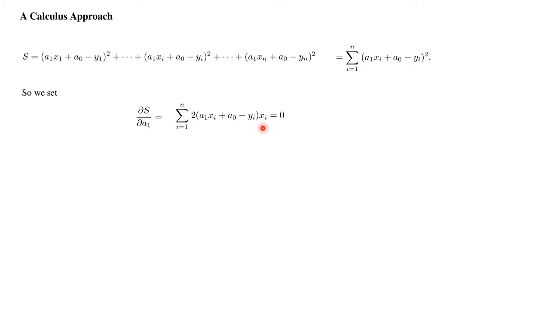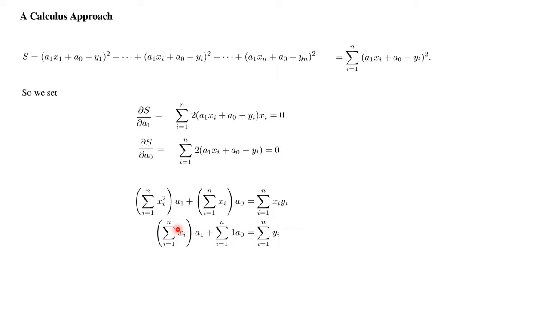So you get the xi. Do the same for the ∂S/∂a0. And there we are. Now we differentiate inside with respect to a0 and get 1, which has been suppressed. And then if we gather those all together and clean it up, we get a system of two equations in two unknowns, a1 and a0.